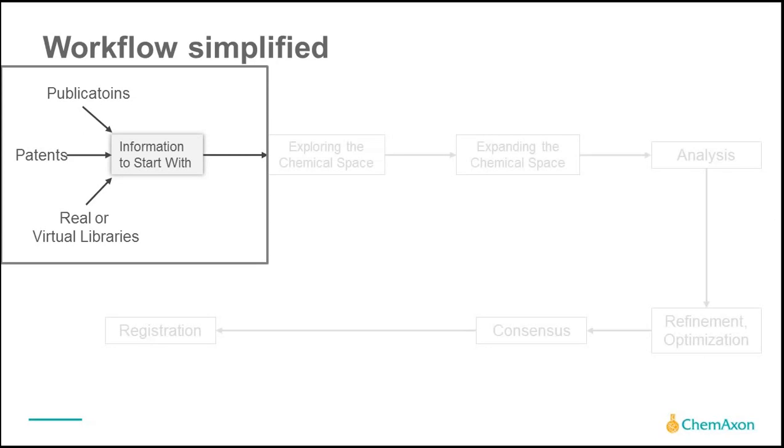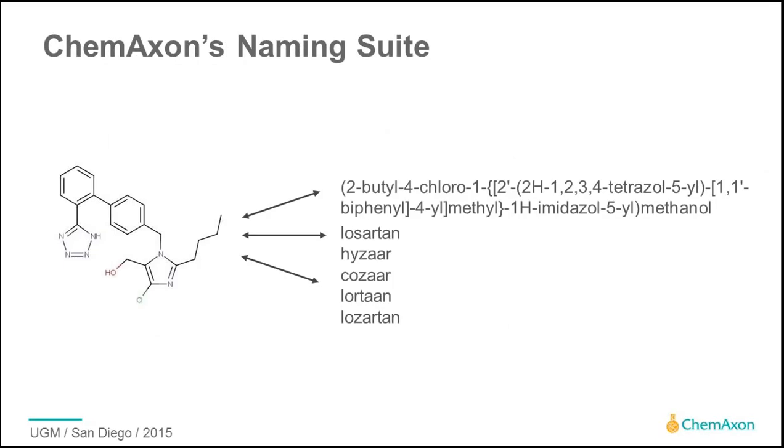So where we start with is really how you can get the starting point and information from various documents. But in order to explain that, I have to start from the basics. I'm sure that most of you are aware of ChemAxon's naming suite, which is capable of converting chemical structures to chemical names of all sorts. IUPAC names, common names, and other chemical strings as well.